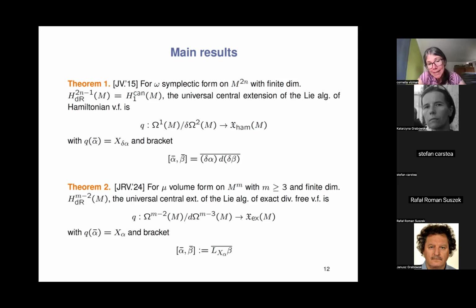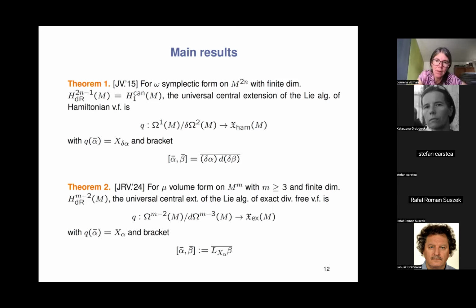In the other case, if we are given the Hamiltonian vector field, then the Hamiltonian function, to extract alpha we need delta inverse, so it is more delicate. The requirement that m is greater or equal to 3 is necessary, because m equal 2 behaves like the symplectic case.